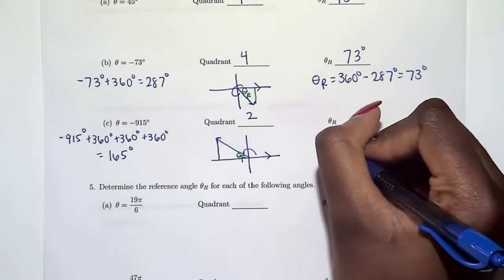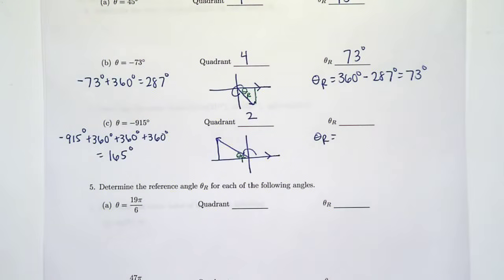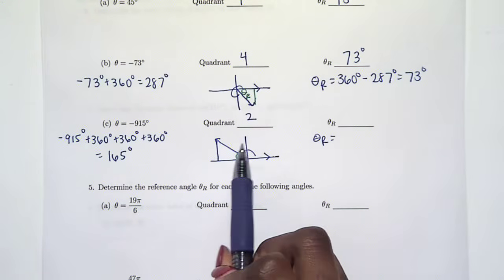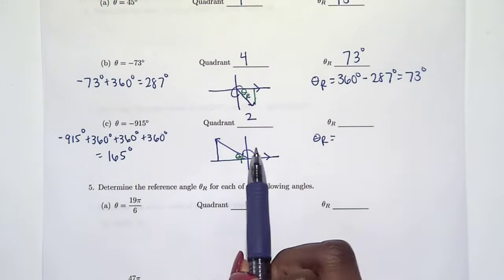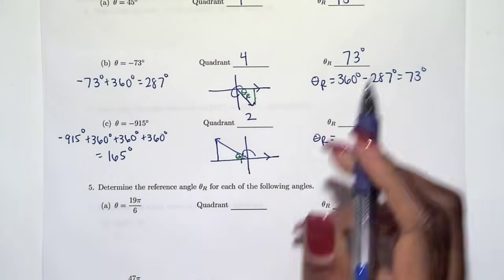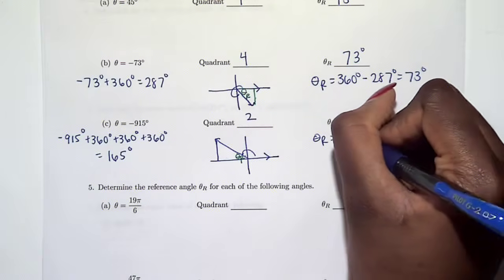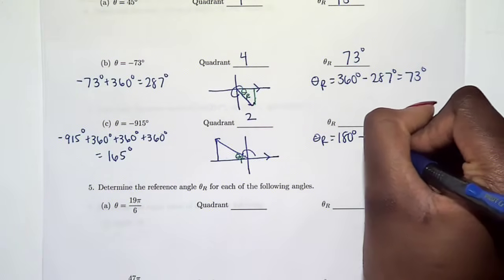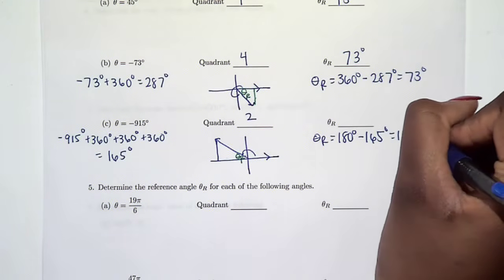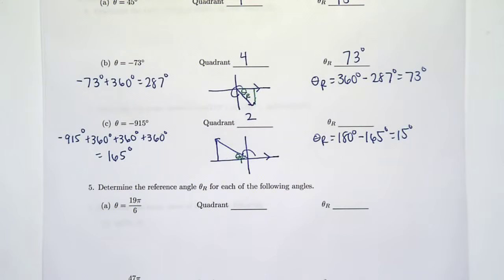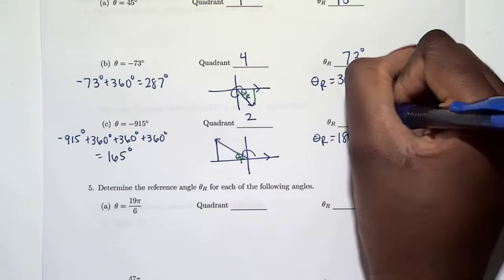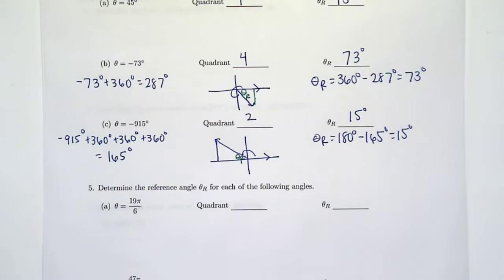How do we do that? We take the full 180, subtract 165, and we're left with what we want. And so our acute angle, that is our reference angle, is 15 degrees.